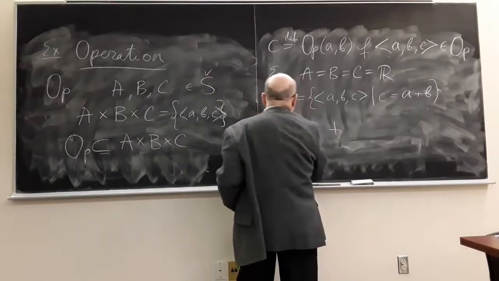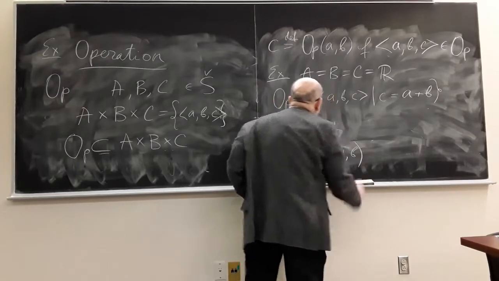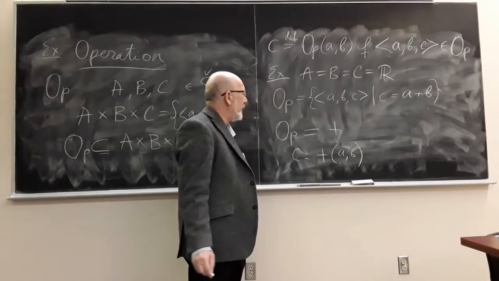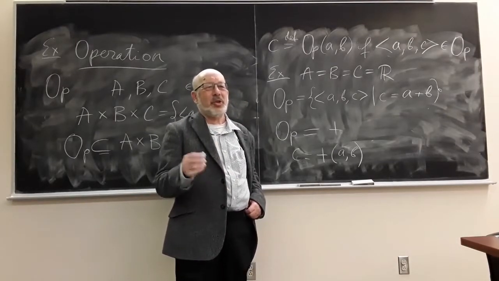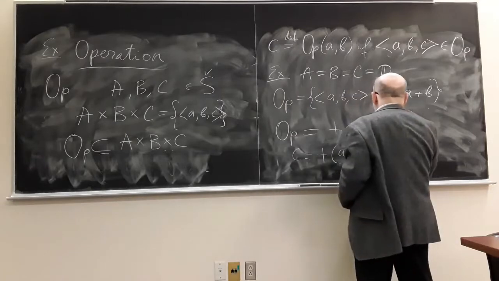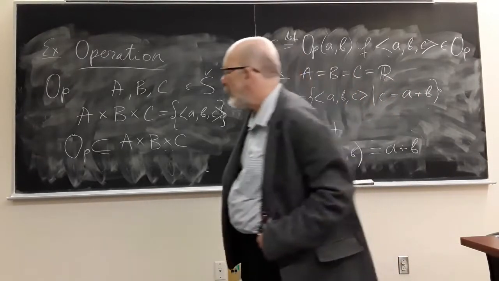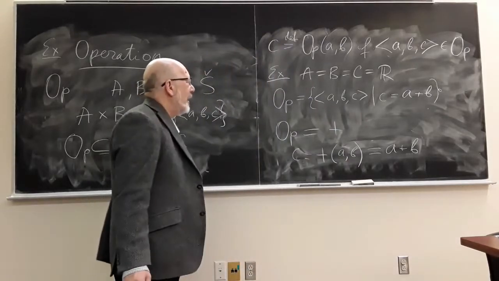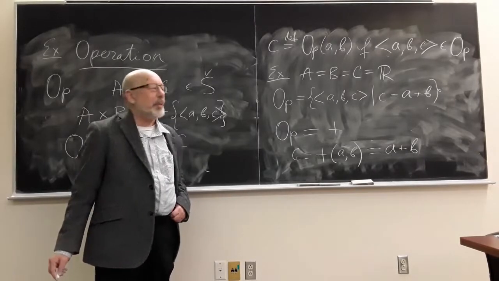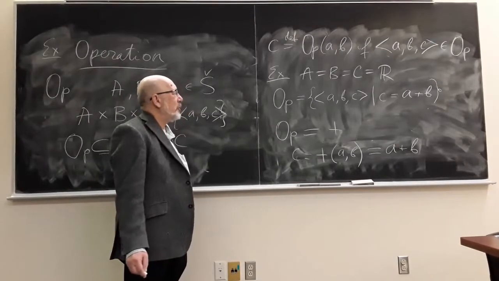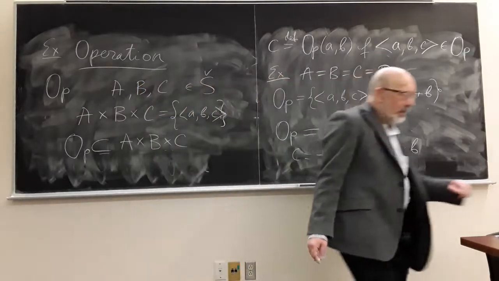And we write C equals plus of (A, B). Now, it is not very convenient, so we can just change notation and write it as A plus B. Now, similarly, we can define other operation, multiplication. Yes? But we can define much more.